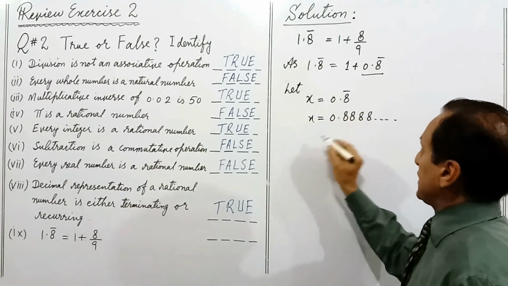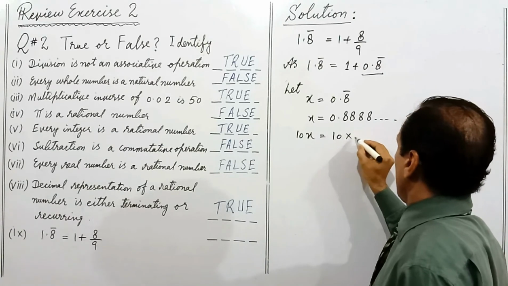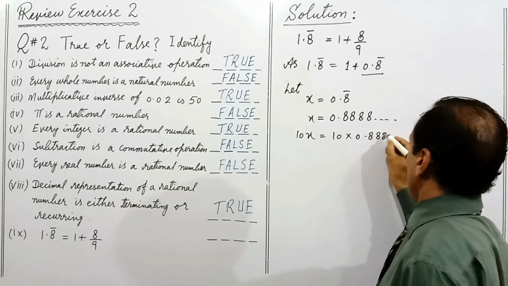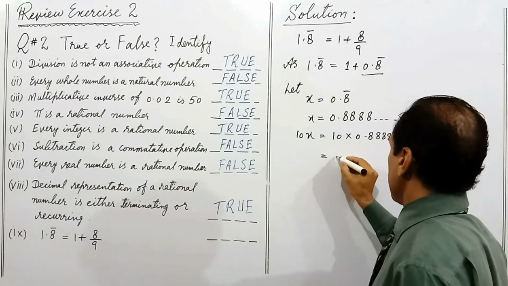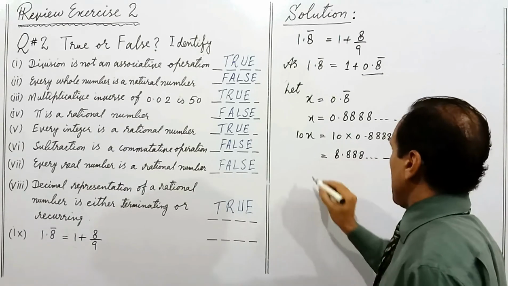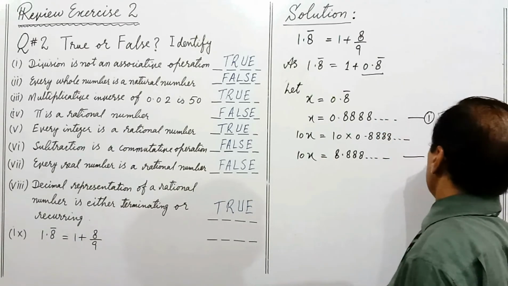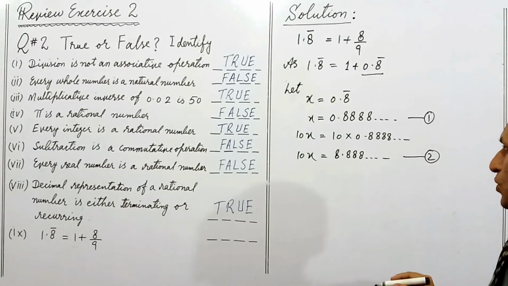We multiply both sides by 10. We get 8.888 and so on on the right hand side. We name this equation 1 and this equation number 2.